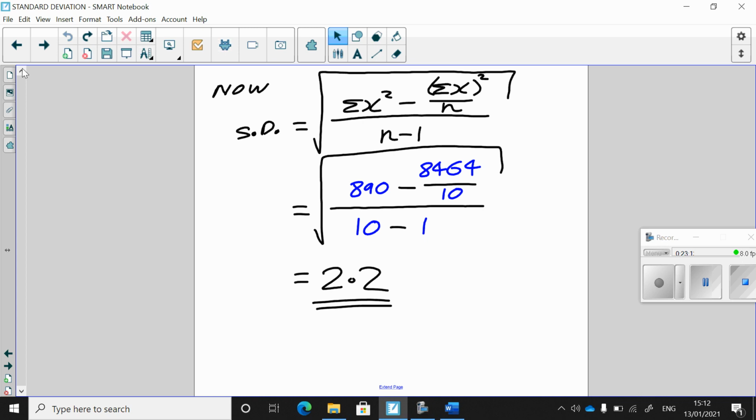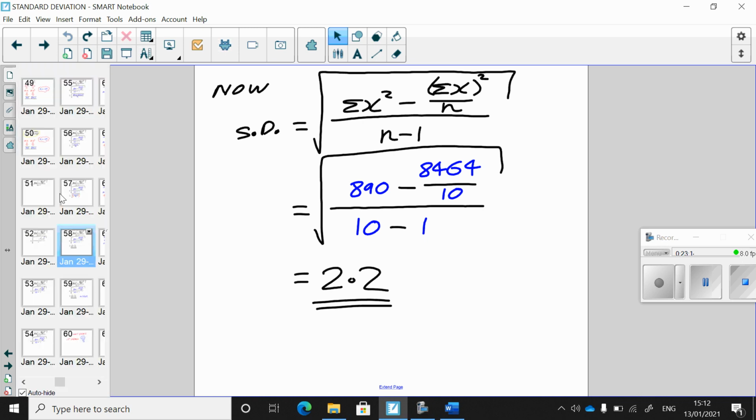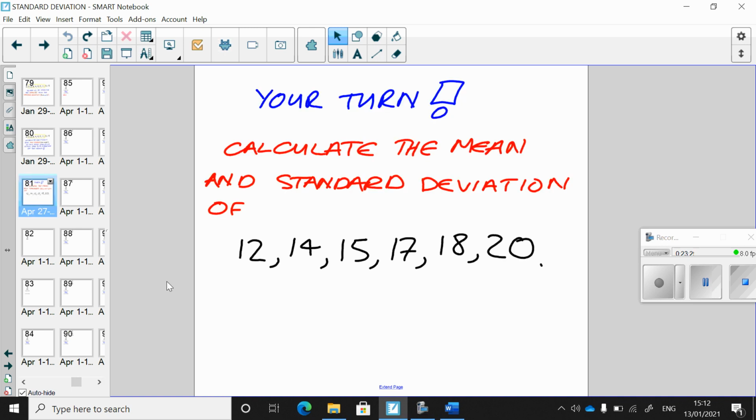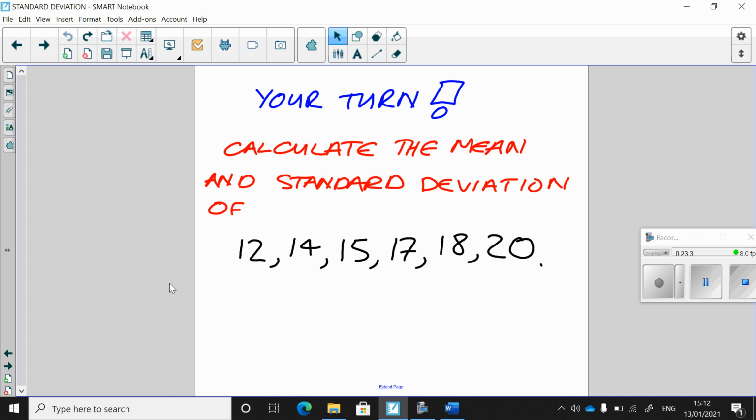At any point, you can just rewind that. So what I'm going to do is give you an example. Okay. So there's your little example here. Can you go and work out the mean and standard deviation of these numbers?